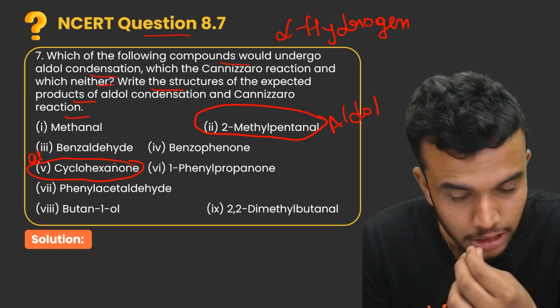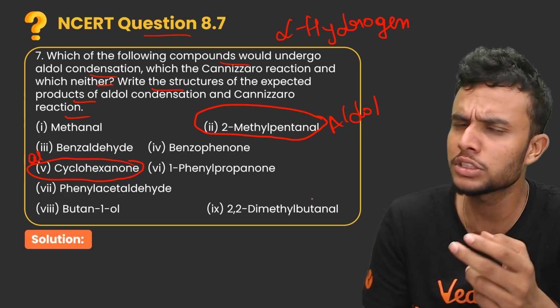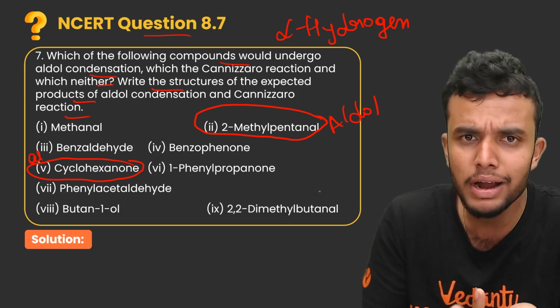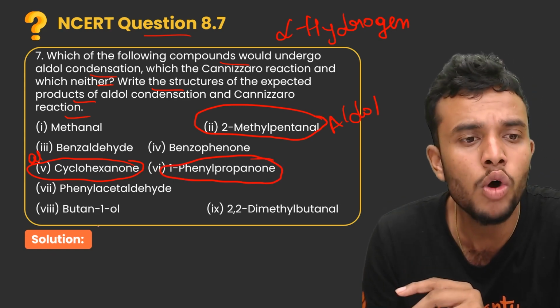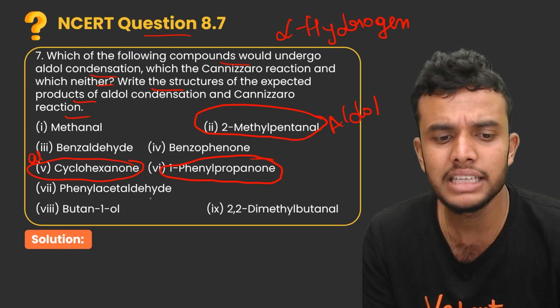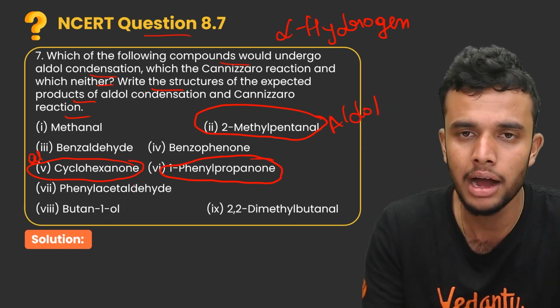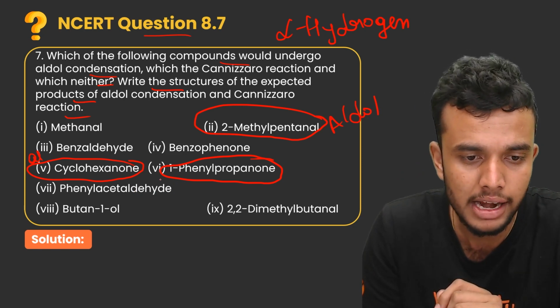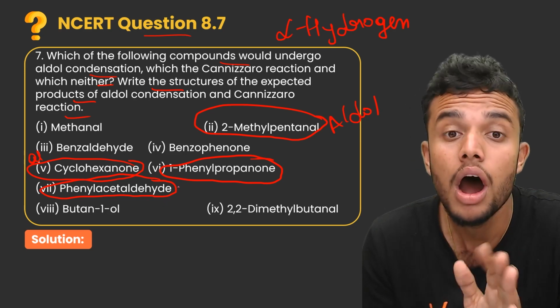Next, the 6th compound, 1-phenyl propanone. Alpha hydrogen is there, one or more, hence it also undergoes aldol condensation. In phenyl acetaldehyde, the alpha position has a CH2 group, so it also undergoes aldol condensation.